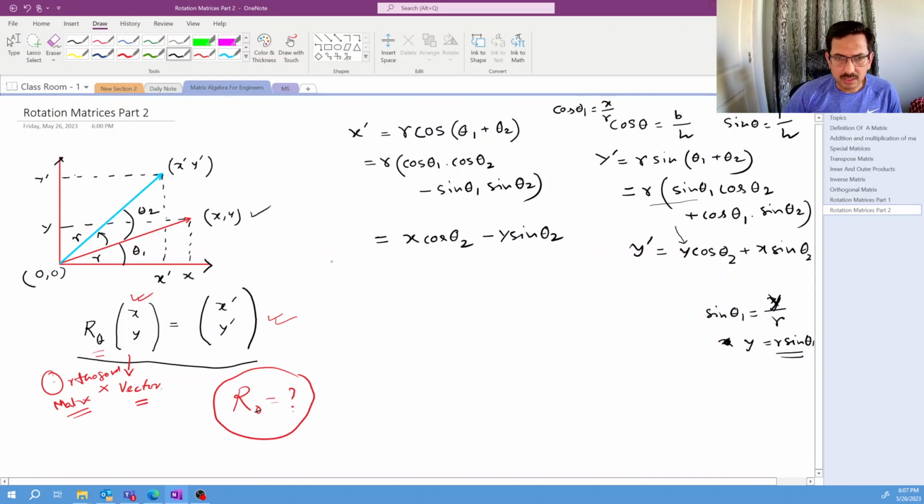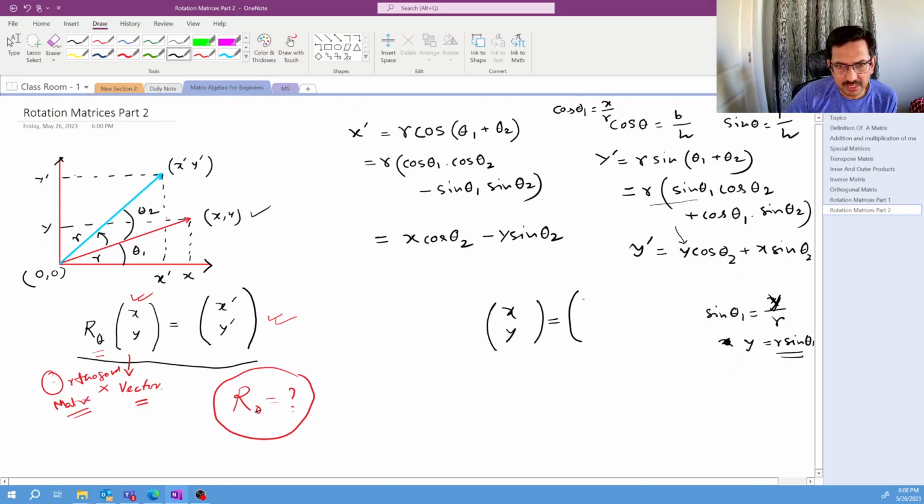Okay, so now basically we got the values of this one, so you need to find out what is the r theta, right? So let's write it down so that we can do the exact thing.